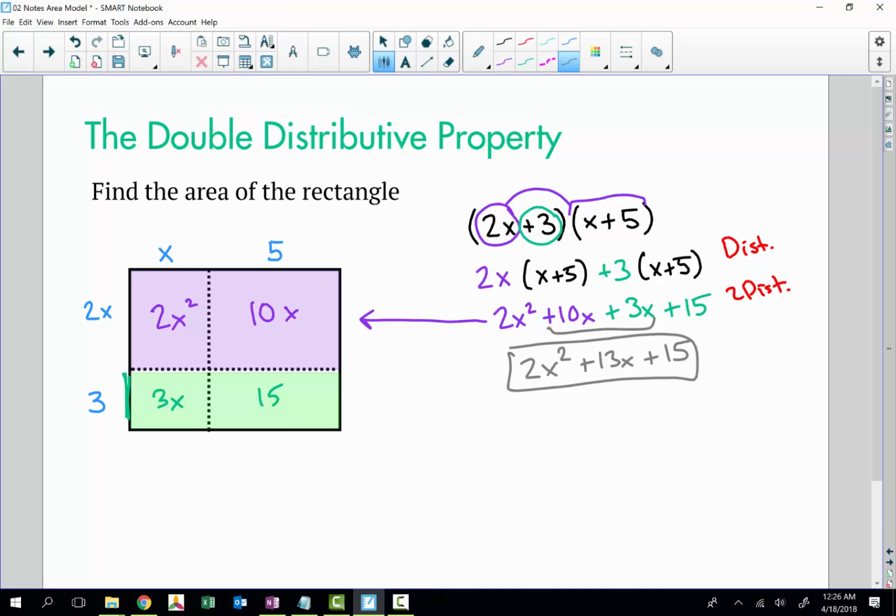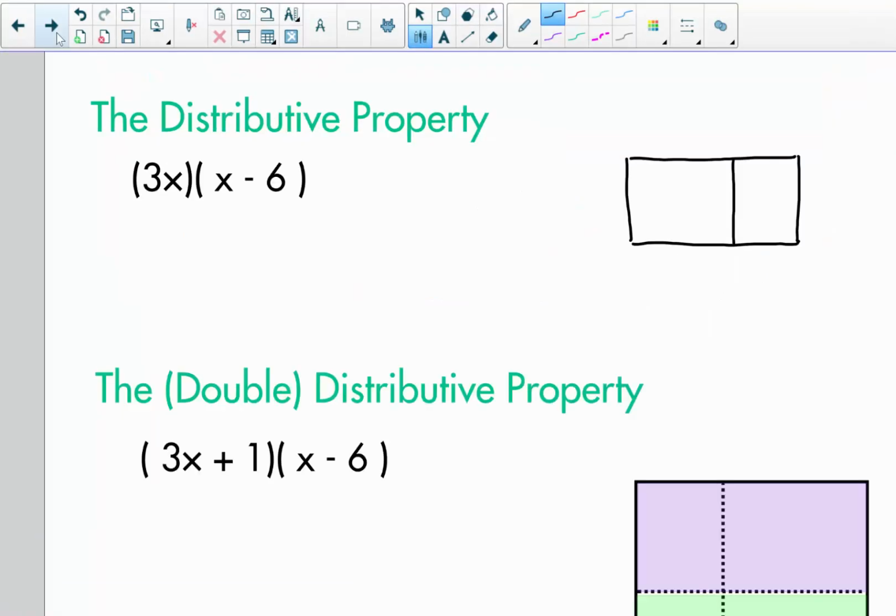So let's look at the distributive property in more depth. The distributive property you already know says that when you do 3x times x minus 6, that's really saying the height of the rectangle is 3x and the width is x minus 6.